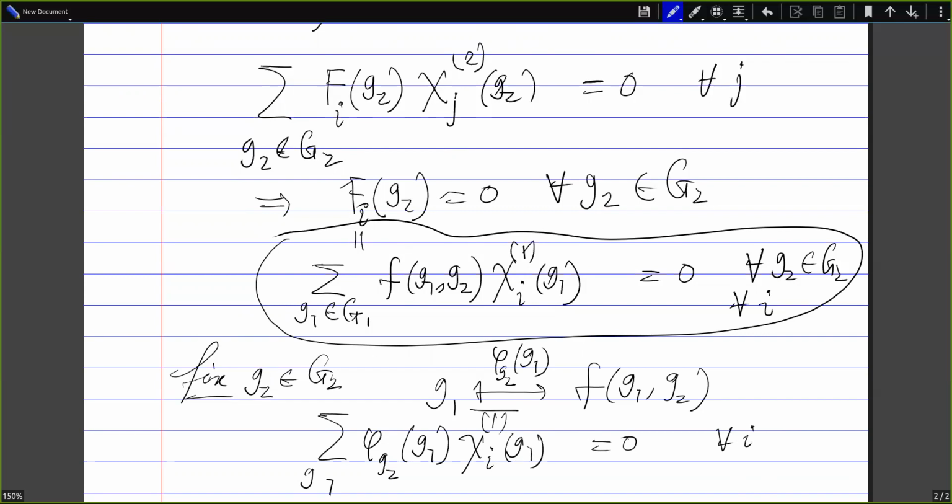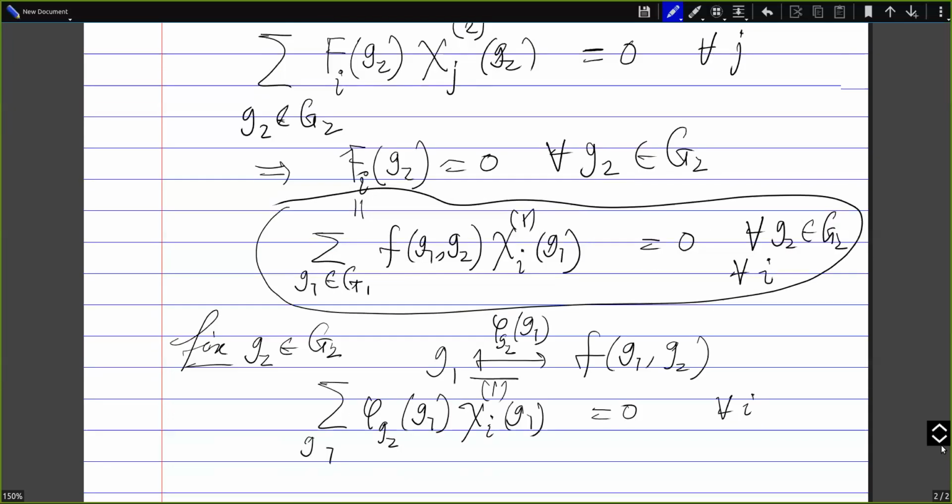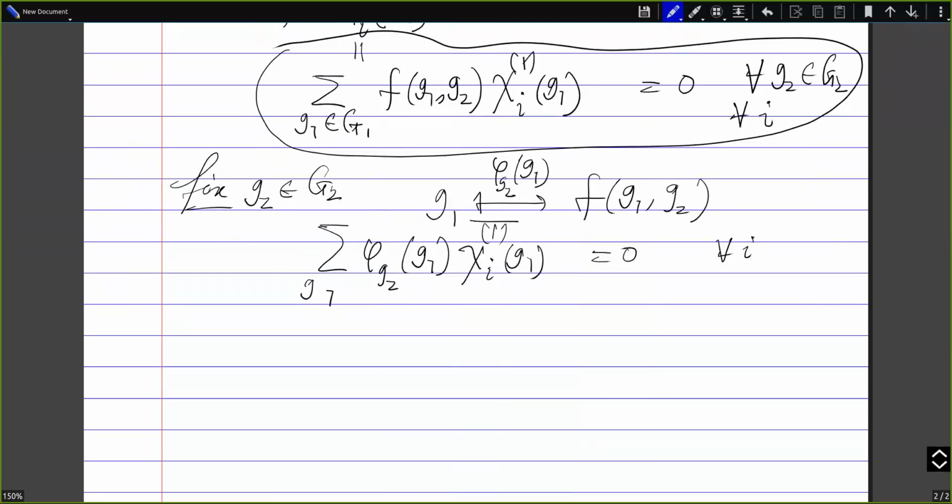That ensures, like earlier, since chi_i form the orthogonal basis of the space of all class functions, that phi_g2(g1) is 0.